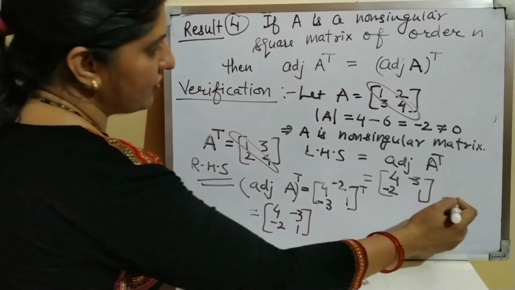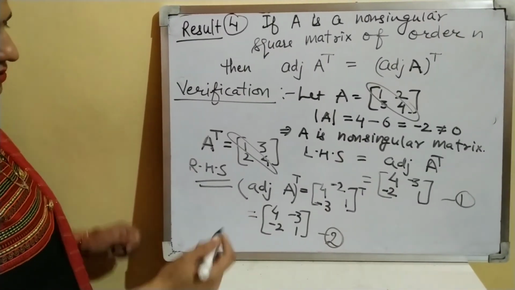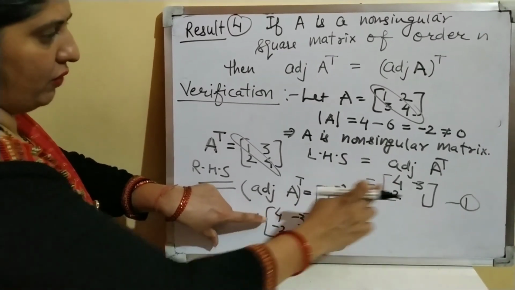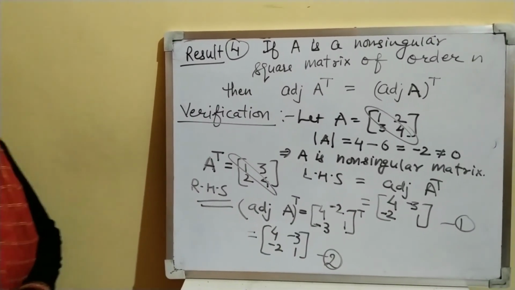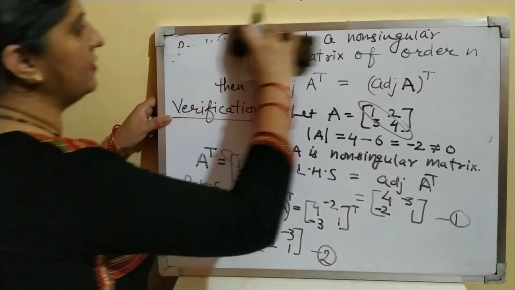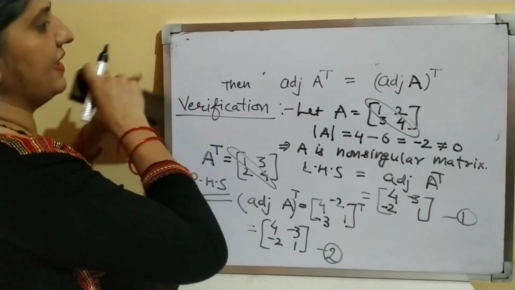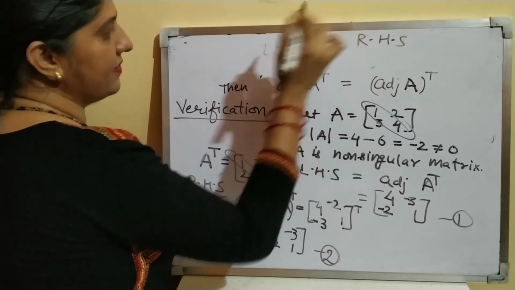Now match the left hand side and right hand side. The answer is 4, -3, -2 and 1. In this way, we see that the left hand side is equal to the right hand side.